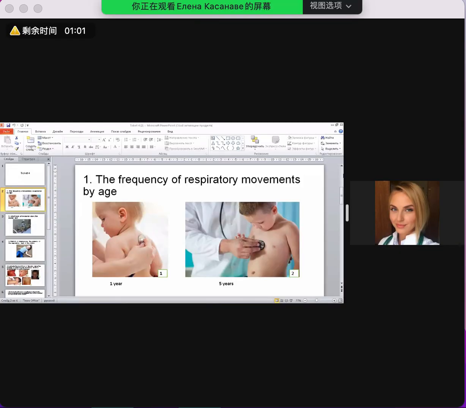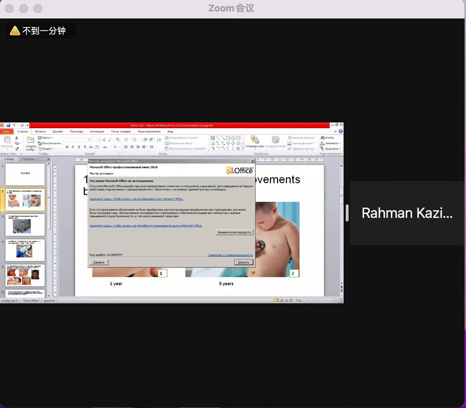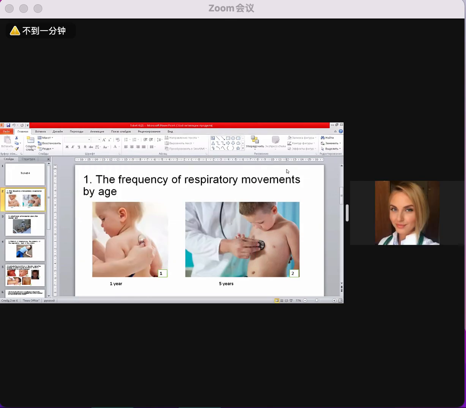So, frequency of respiratory movements by age, 1 year and 5 years. 1 year, I think 30, 35. And 5 is 20, 25. 20 to 25. Very good.